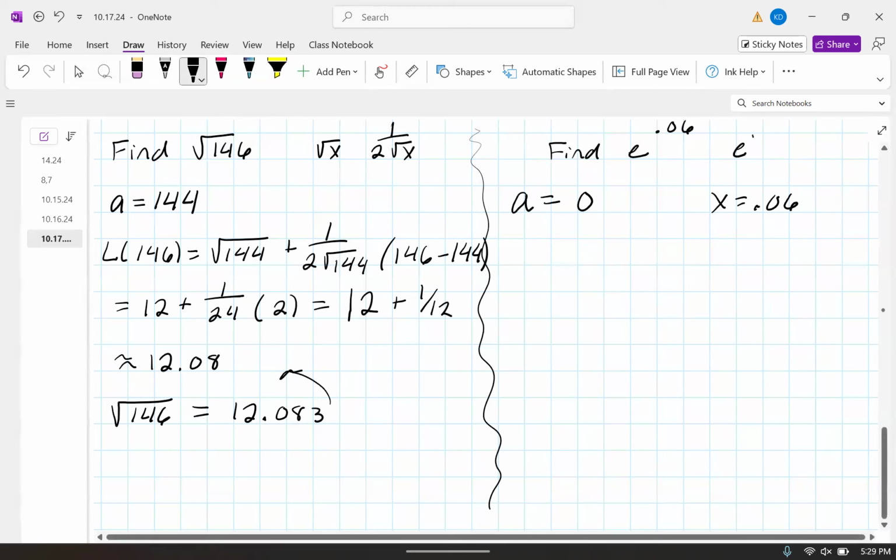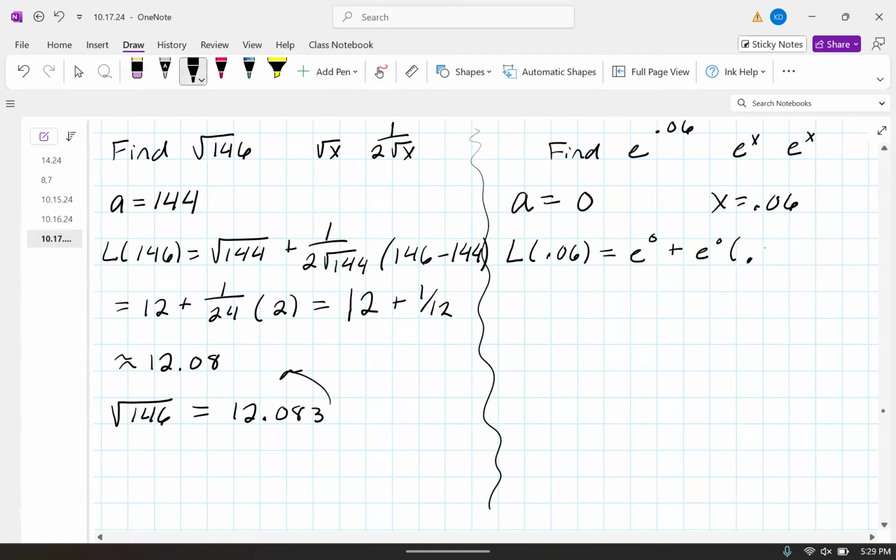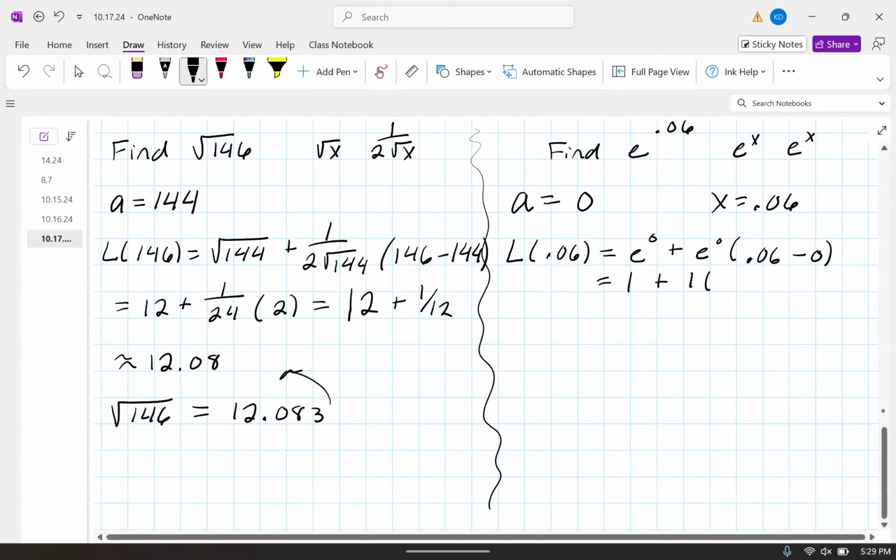Our function then is e to the x. The derivative of e to the x is e to the x. So L of 0.06 equals e to the 0 plus e to the 0 times 0.06 minus 0, which gives me 1 plus 1 times 0.06, which is 1.06.